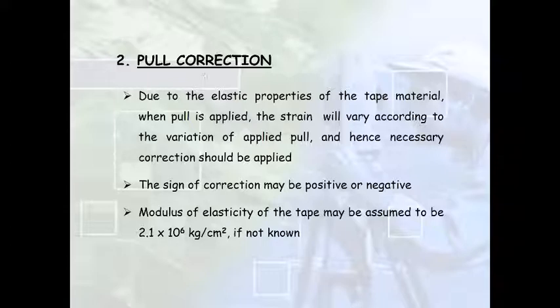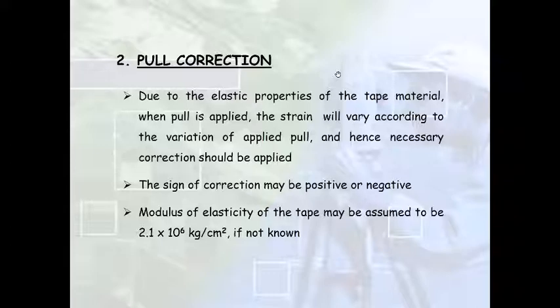Similarly, the next correction that you need to apply is the pull correction. So when you are taking a measurement with the measuring tape, you place it at the initial point, and at the final point you have a hook with the measuring tape on which you apply the pull.